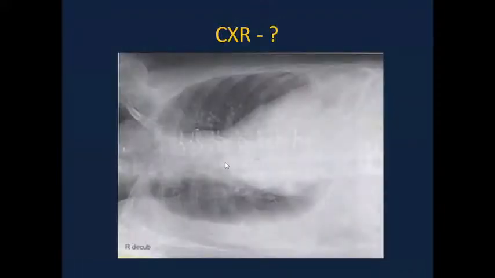This is the lateral decubitus image. Okay, you should be able to appreciate that there is a thoracotomy, must be post-procedure, and you should be able to appreciate that there is fluid on this lateral decubitus image.